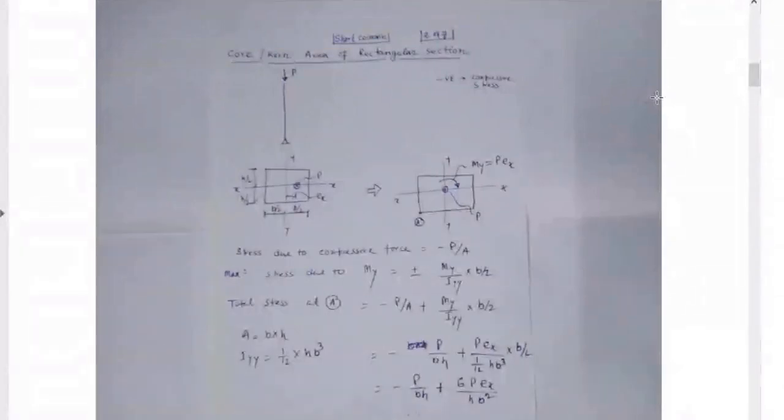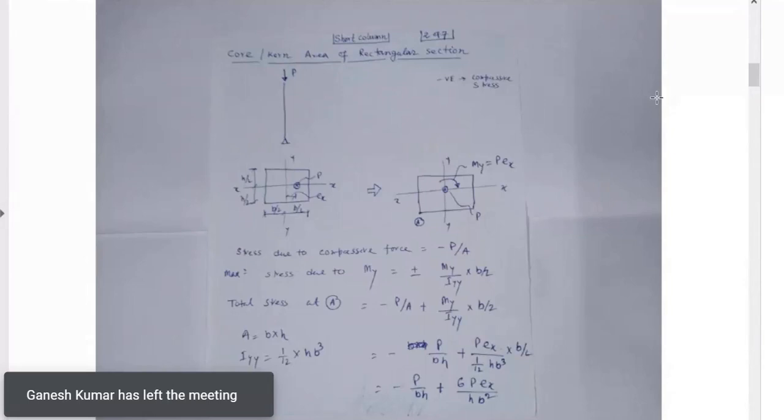Then it is required to know the kern area or core area, particularly for concrete columns. Kern area means that much area of a cross section through which, if the line of action of the compressive force passes, then there will be no tensile stress within the cross section. The entire stress is compressive in nature.